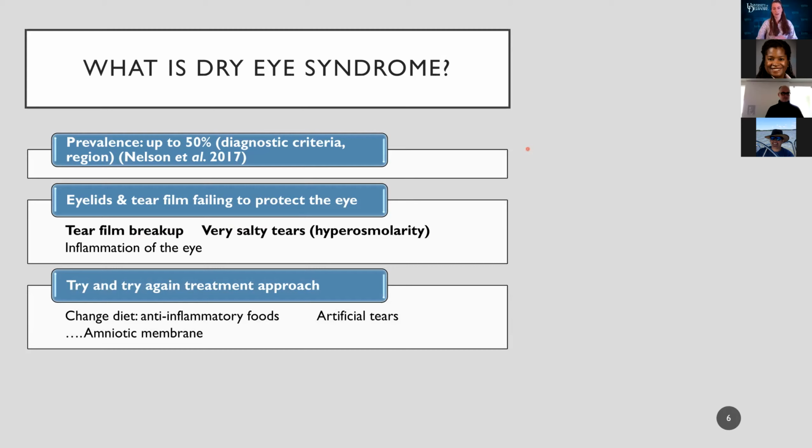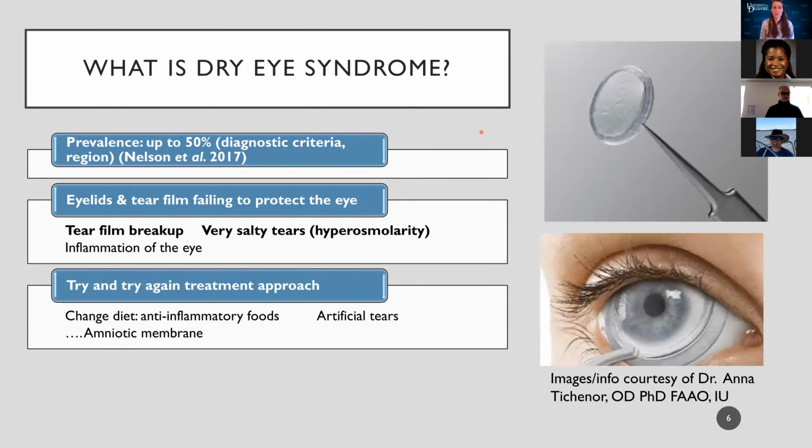And on the very bottom rung, if nothing else has worked, you might try an amniotic membrane, which has been described to me as a Band-Aid for the tear film. I wear contacts, and so I'm very used to touching my eye, but this sounds terrible. So you don't want to get down the rungs of the ladder all the way to something like this.